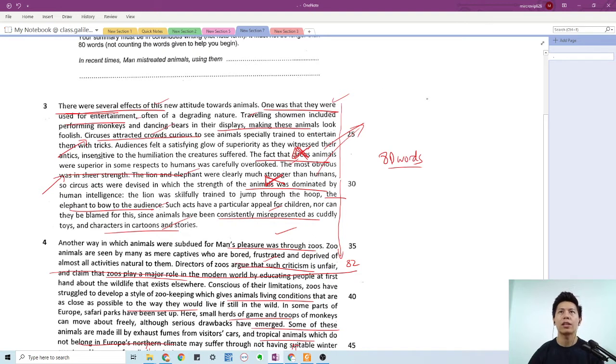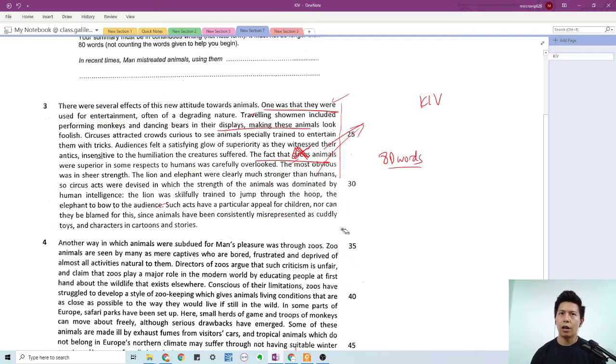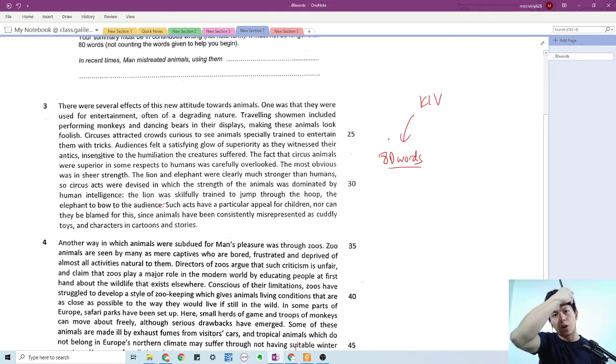This is what we call the KIV technique. But before that, let me just clear this up. Now, how do we use the KIV technique? To understand the rationale of the KIV technique, you must know your word count is limited.